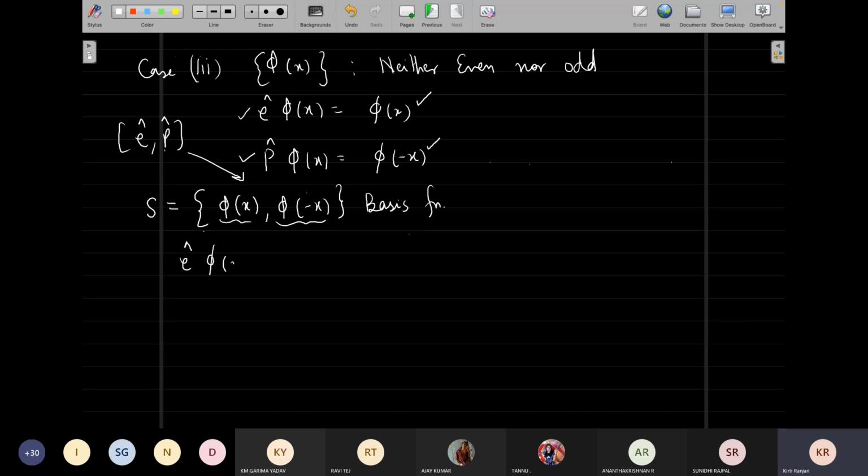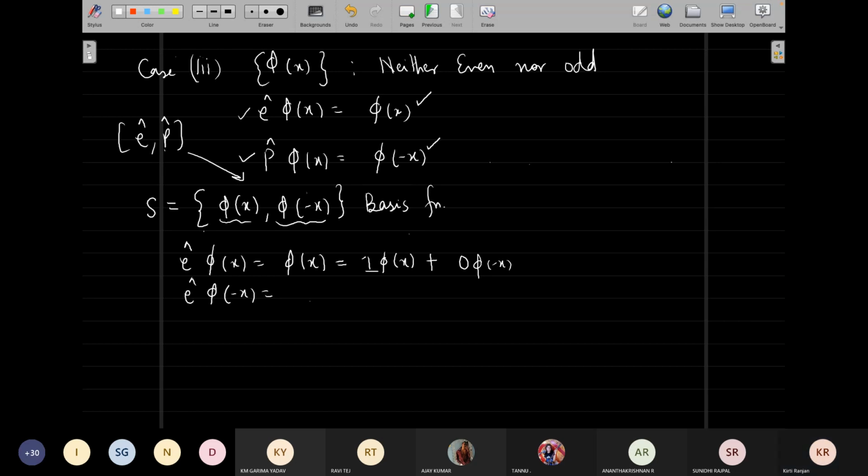So E of phi x is phi x, and I am going to write it in an interesting way: 1 of phi x plus 0 of phi minus x. Remember, this is how we write a general vector in terms of the basis vectors. What will be the case for E of phi minus x?